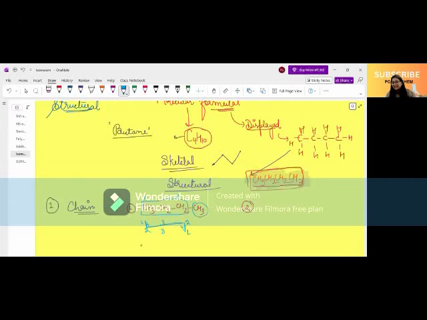My chain is still the same. So when I say chain isomers, that means my parent chain has to be different.